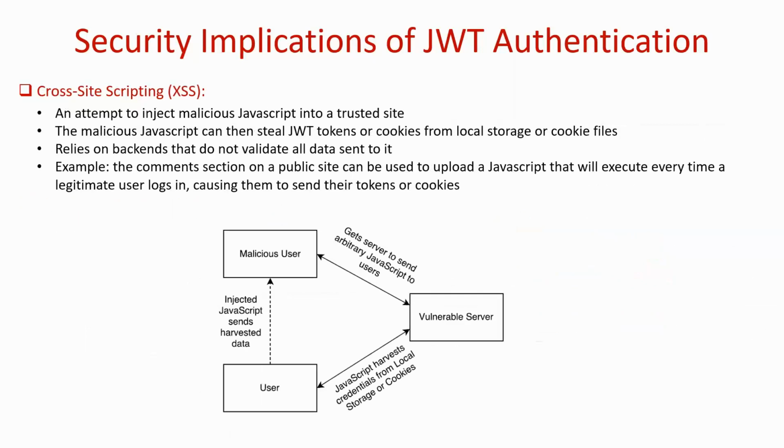Another attack is called cross-site scripting, which is an attempt to inject a malicious JavaScript into a trusted site. Basically, this JavaScript can steal JWTs or tokens from a local storage. And again, it will rely on backends that do not validate the data that is sent to it.